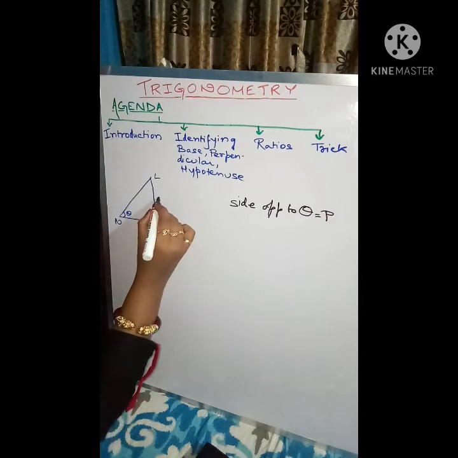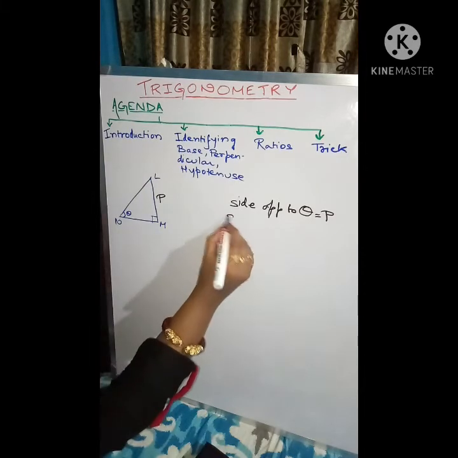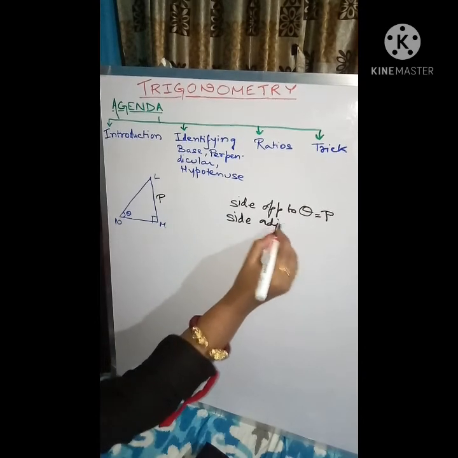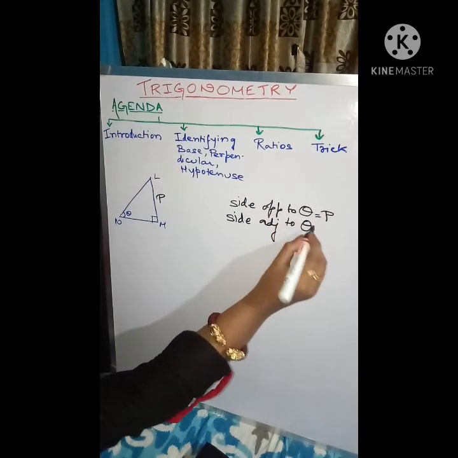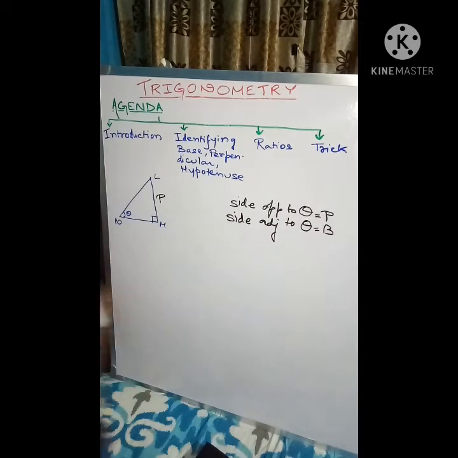So, this one is your perpendicular. Fine. Now, which one will be your base? The side adjacent to theta will be your base. I am writing here B for base.